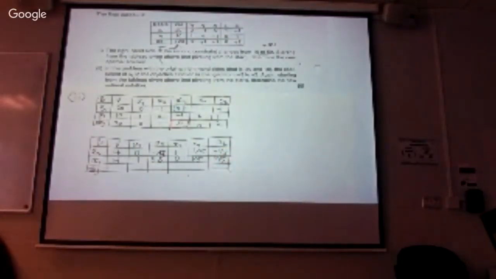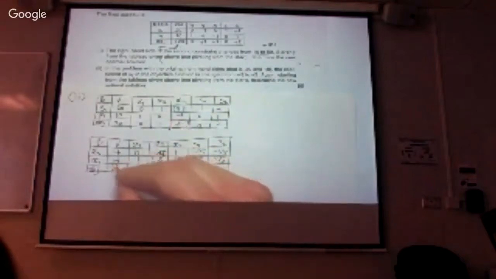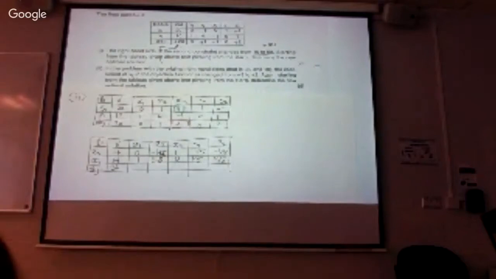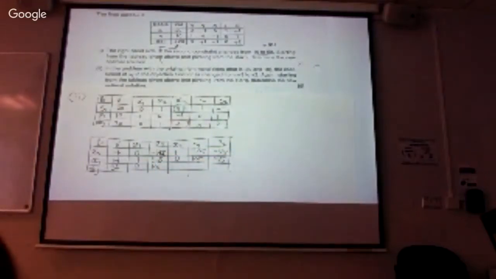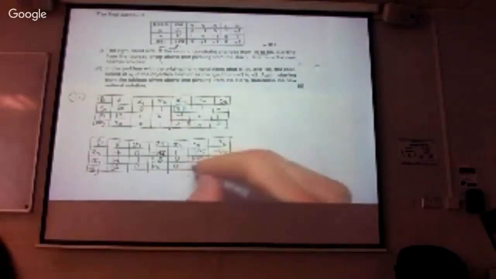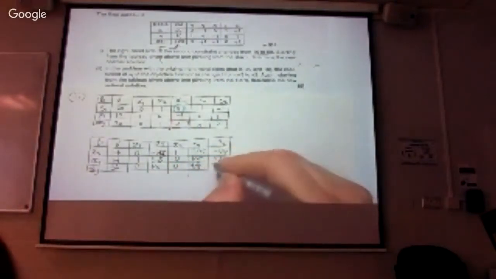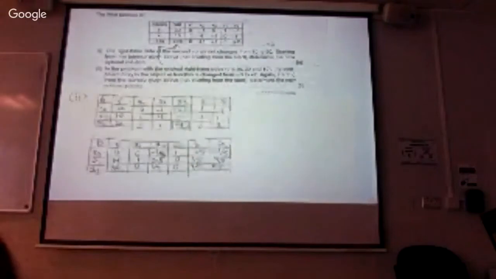And the objective is 36, 0, 1/5, 0, 4 bits, and 6. Okay.